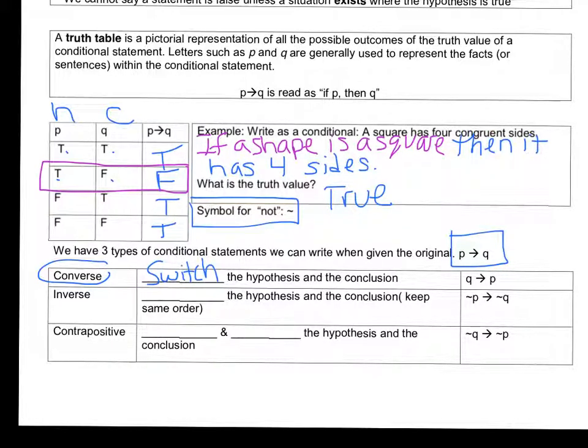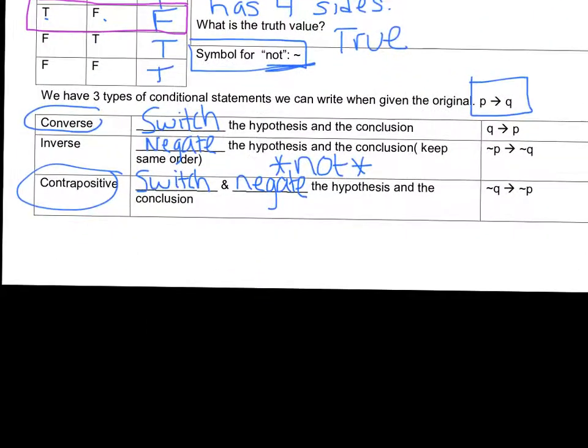The inverse tells you that you need to negate the hypothesis and conclusion, meaning you throw in the word not. And again, we already said the symbol is that little squiggle. So if not P, then not Q. The last one, your contrapositive, you are going to switch your hypothesis and conclusion, and you negate them as well. So if not Q, then not P.